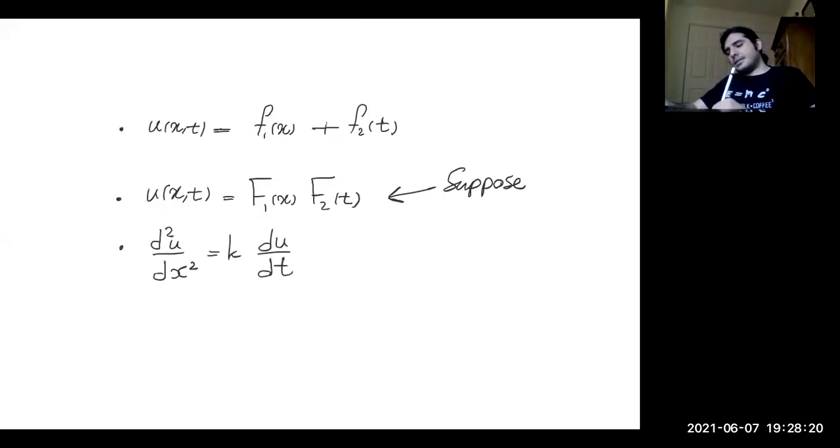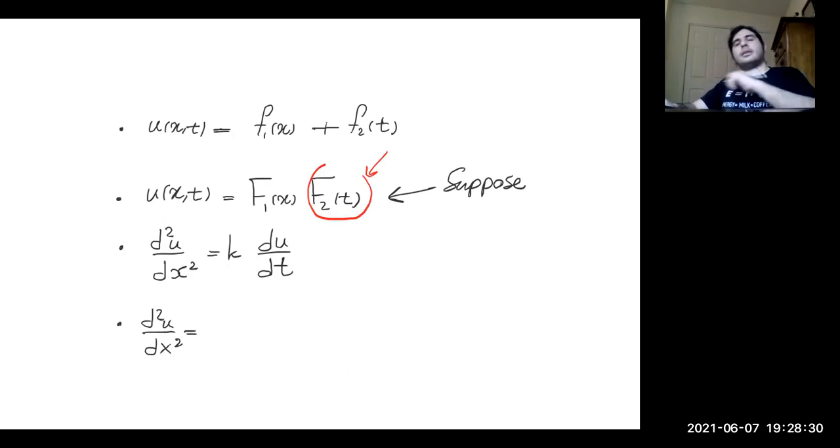So what is the second derivative of u with respect to x? Well, if we take the derivative with respect to x, the f2 of t part is independent of x, so the derivative doesn't do anything to it.